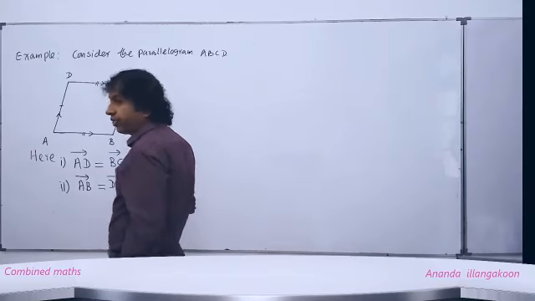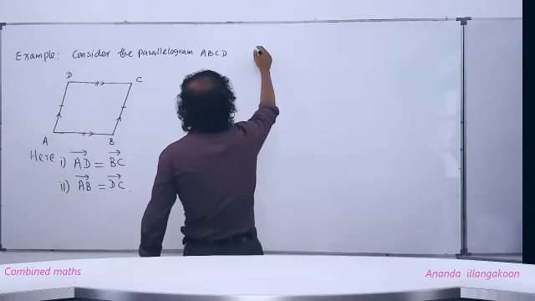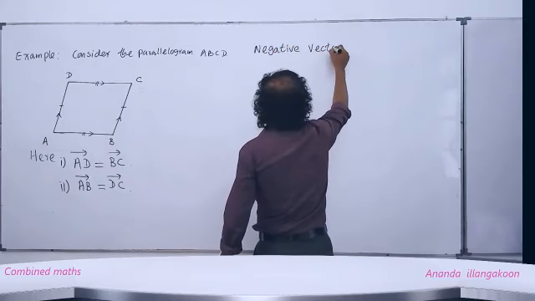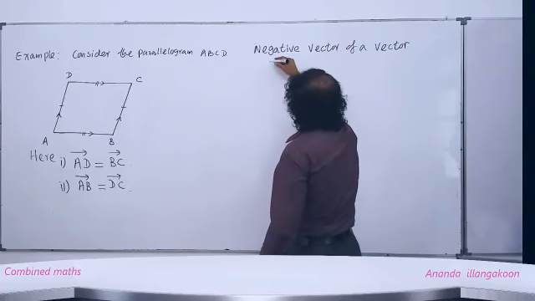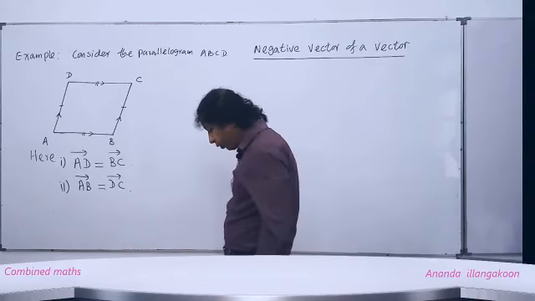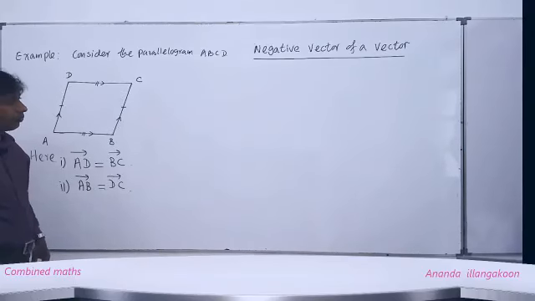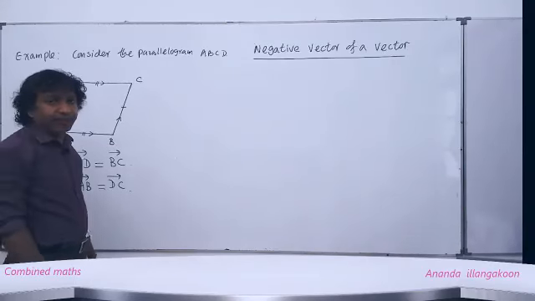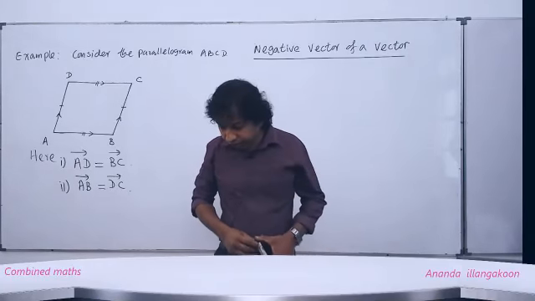Right. Next type of vector. Write down: negative vector of a vector. Yeah, we'll write one sentence. Write down like this.